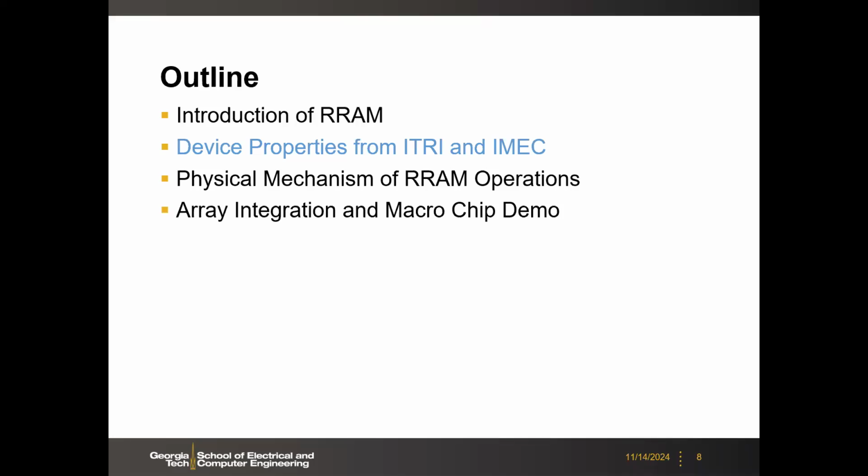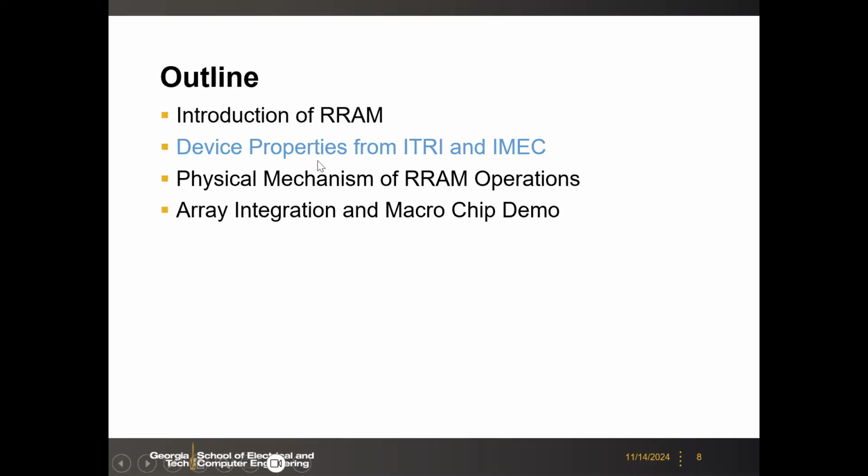The resistance ratio between the high and low resistance states for CBRAM could be thousands or even tens of thousands. But the oxide RAM's on-off ratio may be only less than 10, maybe 10 to 100. But after so many years of R&D, industry prefers to use oxide RAM. We are going to show the foundry offerings later, but most of the commercial offerings today are based on oxide RAM.